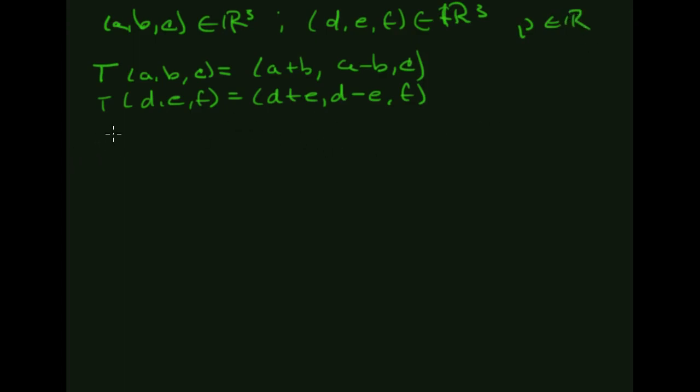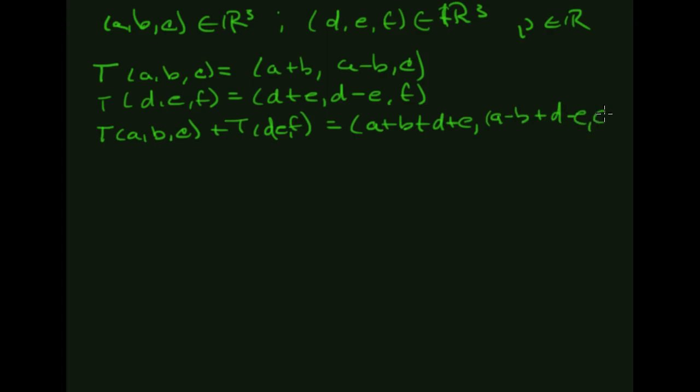All right, so if I add these two, I'm going to get (A plus B plus D plus E, A minus B plus D minus E, C plus F). Okay, so now I need to look at what happens if I take the sum of the two vectors on the inside. So this is going to be (A plus D, B plus E, C plus F).